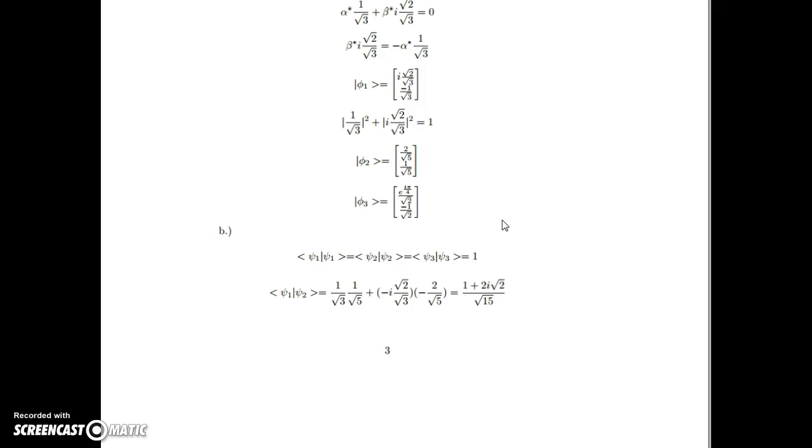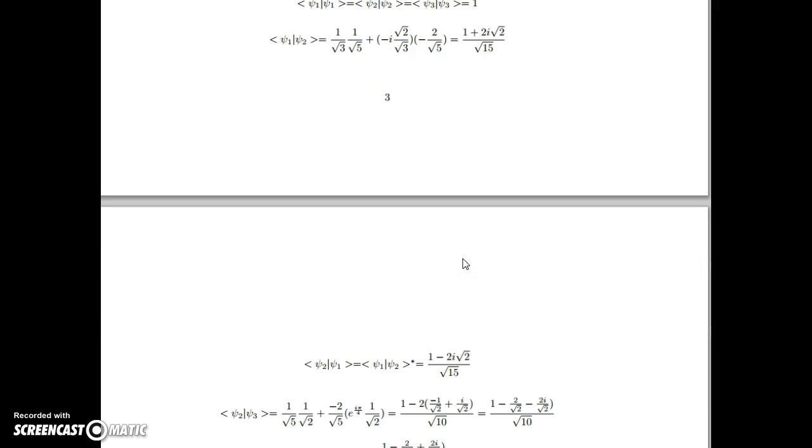So for psi 1 and psi 2, all you really have to do is multiply the first part of each one together plus multiply the second part of each one together, and you get this.